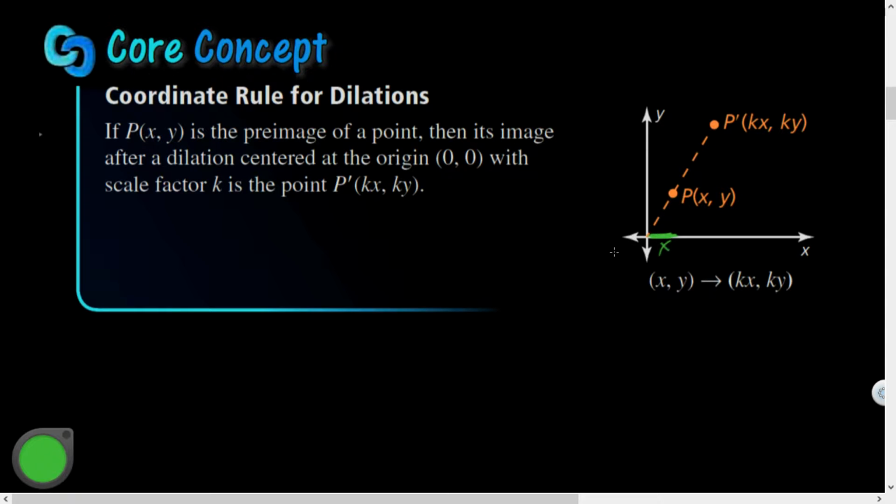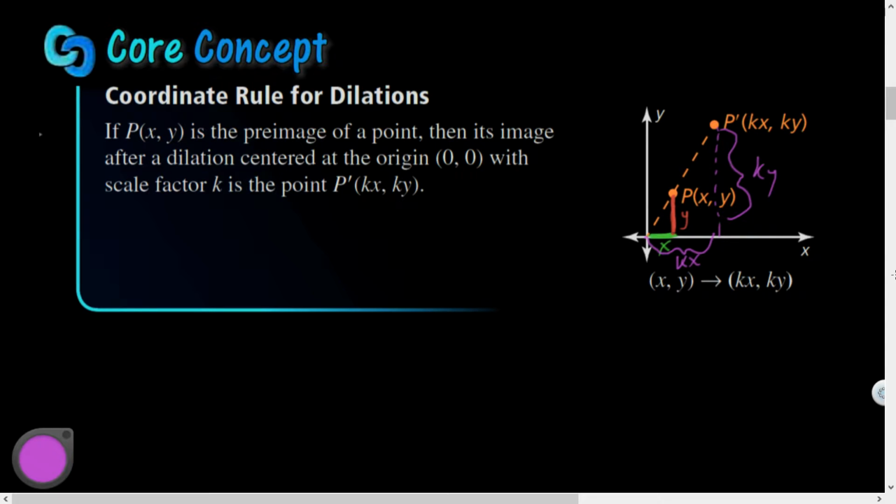And the way this works, I do want to point out: here is the x dimension, here is the y dimension, like so. And notice that this distance right here would be k times x, and this distance would be k times y.